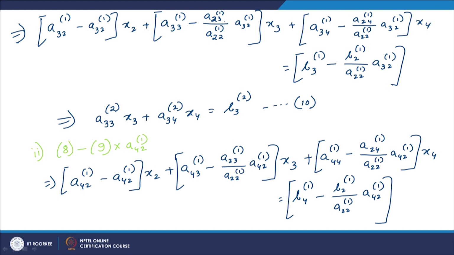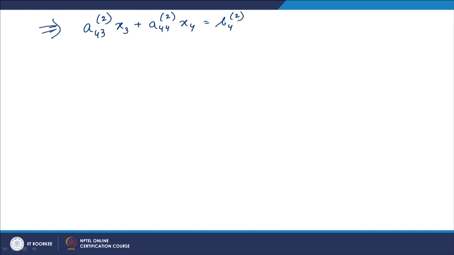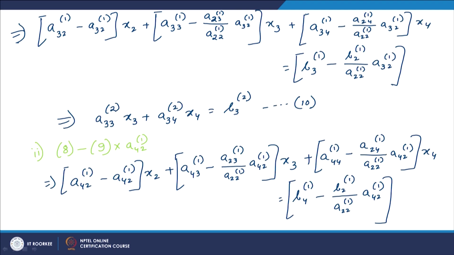So, this is equation 11. So, now what we have got? From the 3 equations 6, 7 and 8, we have now eliminated x2, and by eliminating x2 we have reduced it to 2 equations involving only x3 and x4.